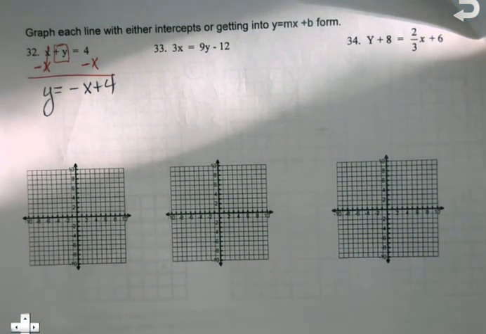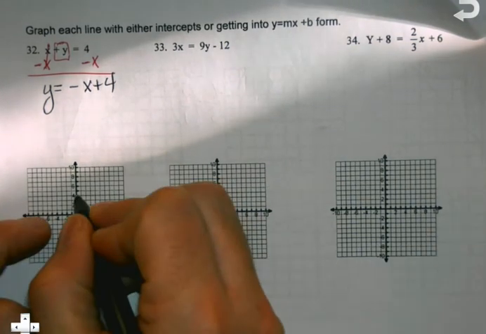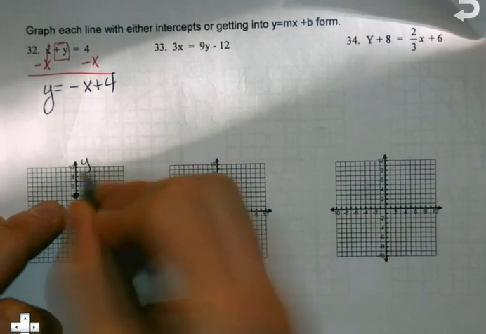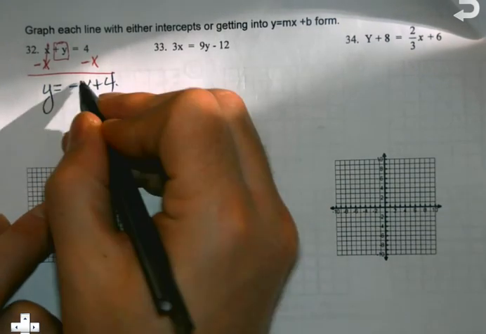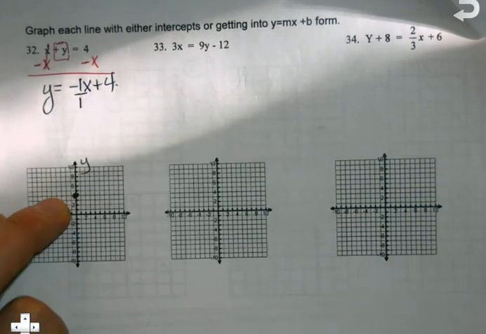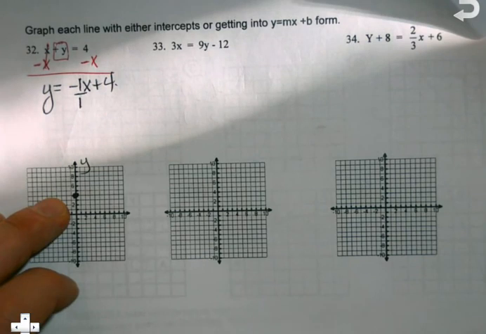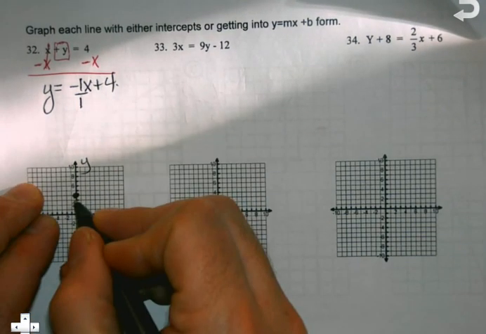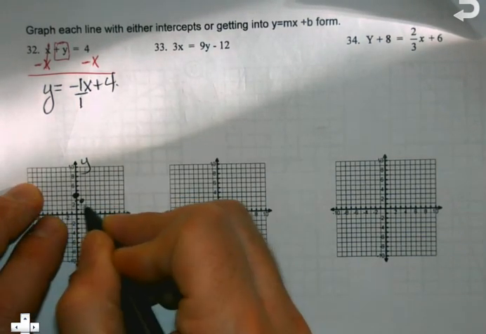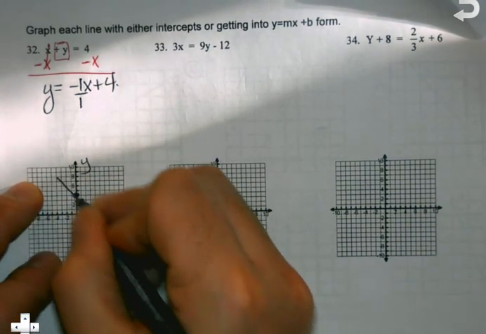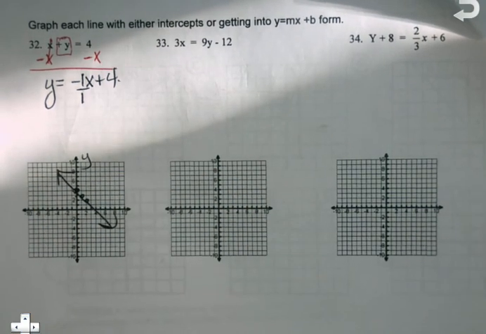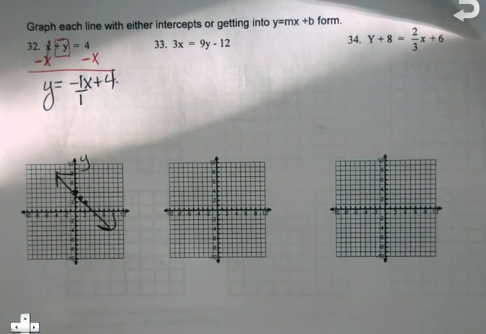They can hang out, but just not that close. So once I get it looking like y equals, now it's just like the rest of them. Do my y-intercept, which is 4. And my slope's the number in front of x. And if I don't see one, I use 1 over 1. So down 1 and right 1. Draw my line. Keep it simple.